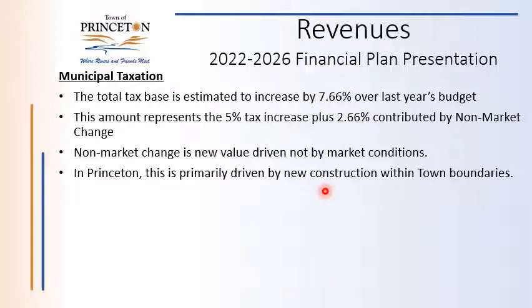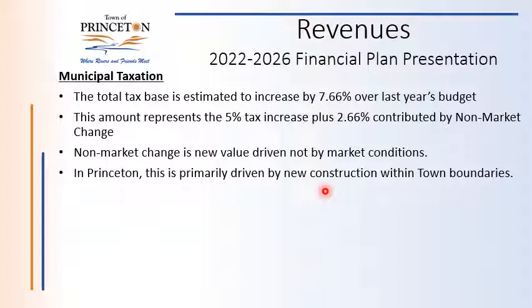So municipal taxation, a couple more points. So the total tax base is estimated to increase by 7.66% this year over last year's budget. So that represents the 5% tax increase plus 2.66% contributed by what BC Assessment calls non-market change. So non-market change are houses that didn't exist last year that will exist this year due to inventory concerns.